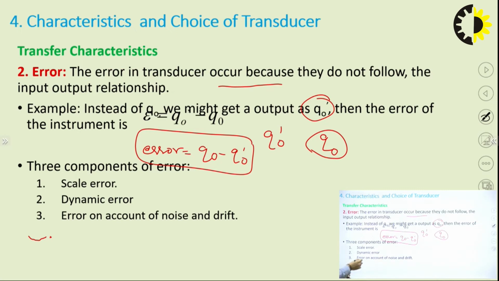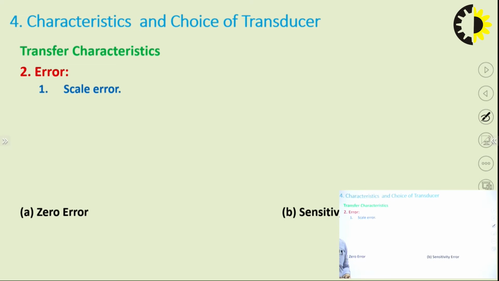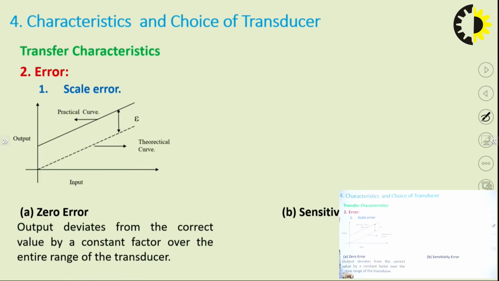So we can classify error as scale error, dynamic error, or error due to noise and drift. Scale error can further be classified as zero error. Zero error is that error in which output deviates from its theoretical value by a constant factor over the entire range of a transducer.